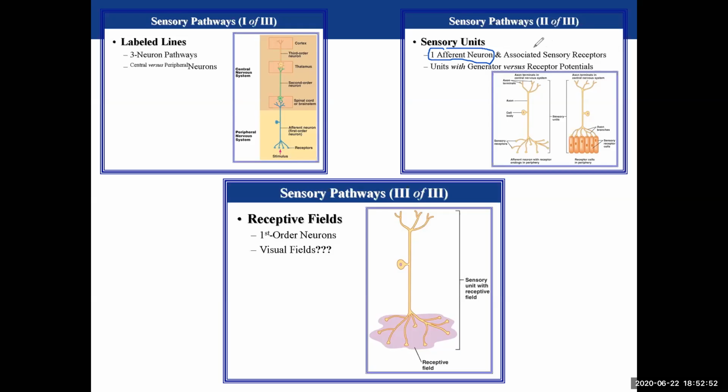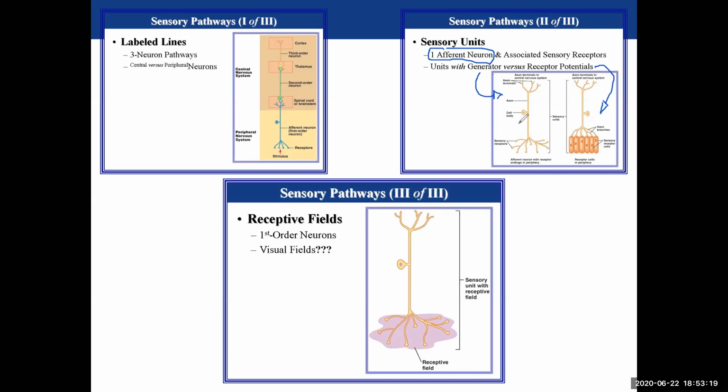We call it a sensory unit. So units with generator potential, units with receptor potential. The generator potential is this one, and the receptor potential is this one. So that's a sensory unit.